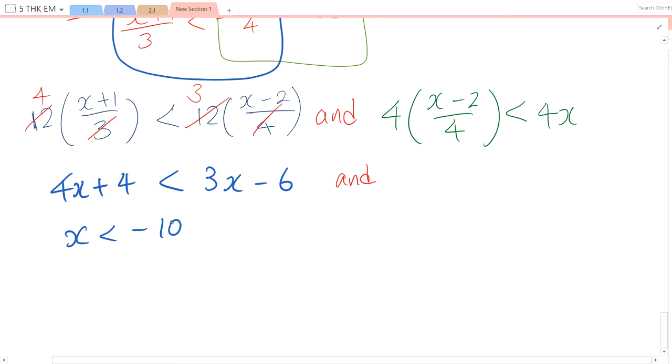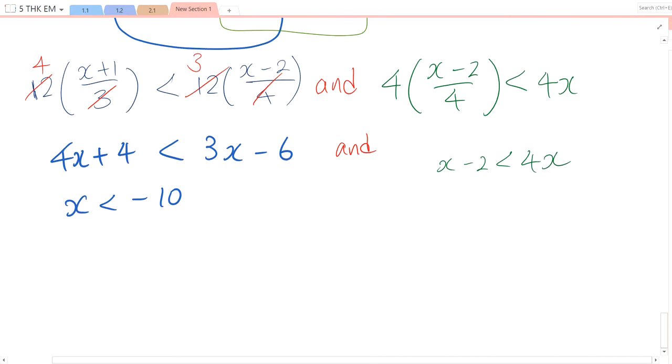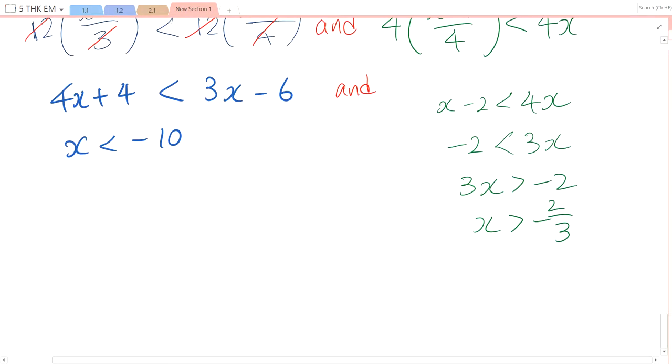Right? And then on the other side, the green color one, we've got x minus 2 less than 4x. I can subtract x on both sides. I get 3x over here. I get negative 2. Therefore, we got 3x is greater than negative 2. X is greater than negative 2 over 3. Agree everything?